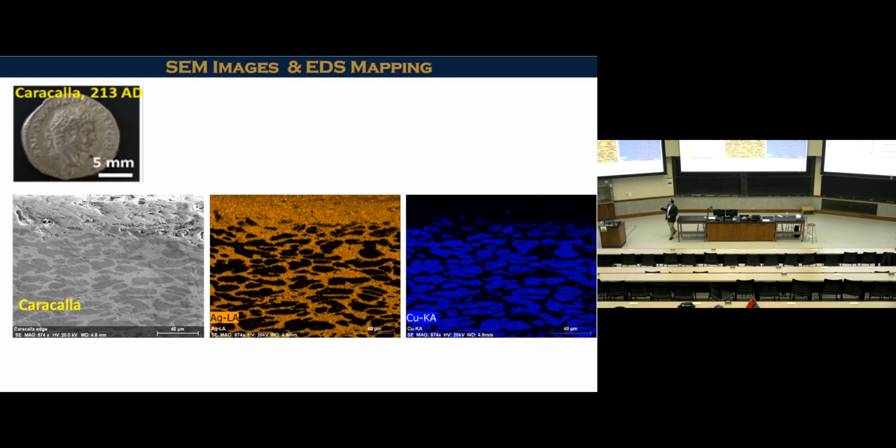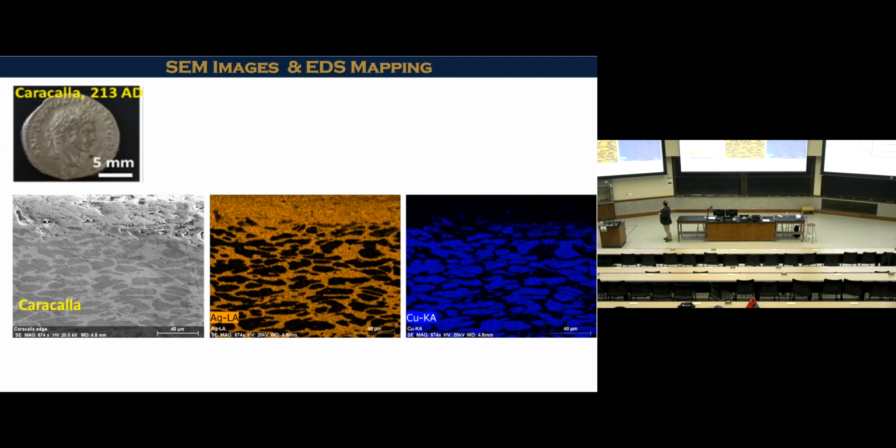And what we see for this specific coin, this is Caracalla, 213 AD, is a nice layer on top of the surface. The surface is roughly here, which has a metallic shiny color. And underneath this layer, we see two different phases. A shiny phase, which is much like this one, and a gray phase.